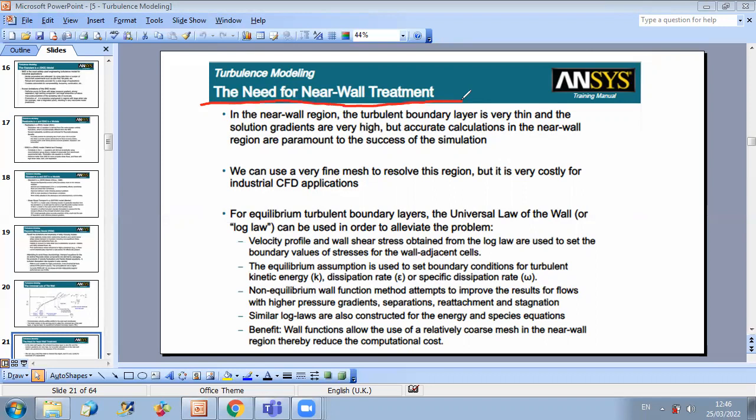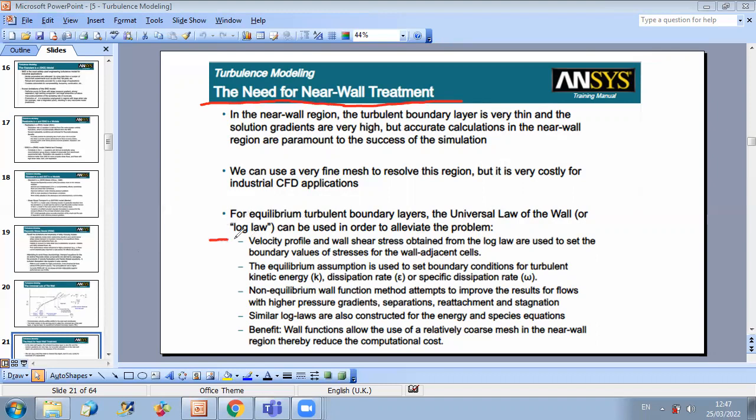So instead of using a very fine mesh to resolve this region, which is very costly for industrial CFD applications, what we can do is implement these empirical relations developed into CFD. For an equilibrium turbulent boundary layer, we can use the universal law of the wall, which was developed in this graph, to solve this problem.